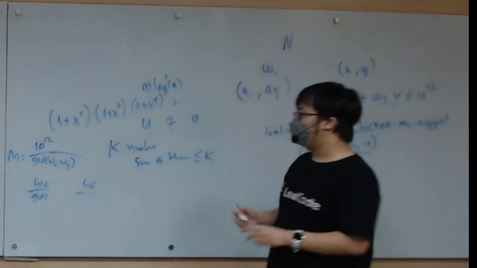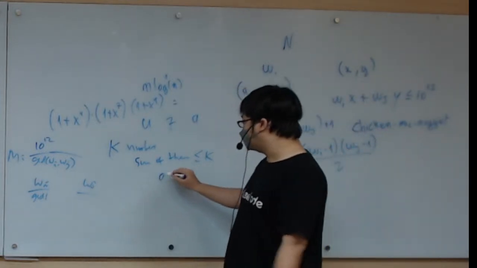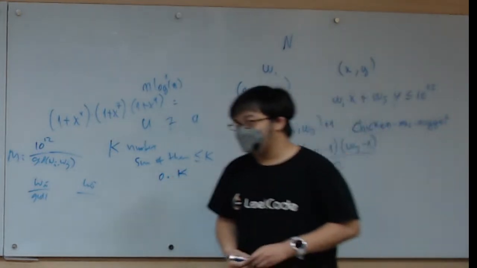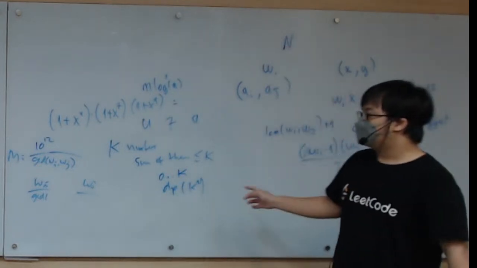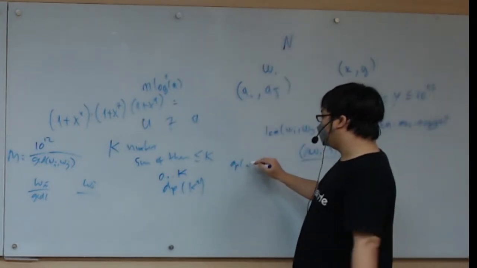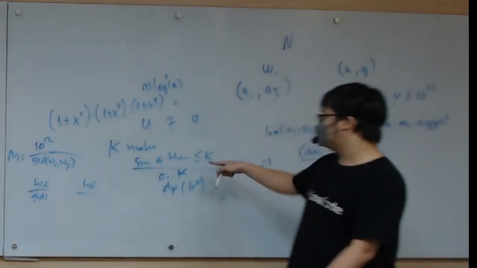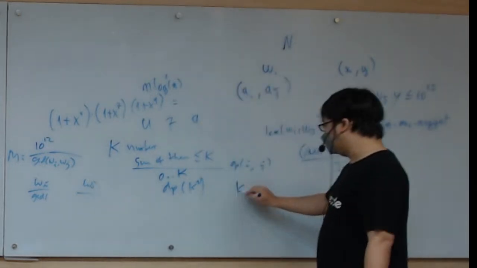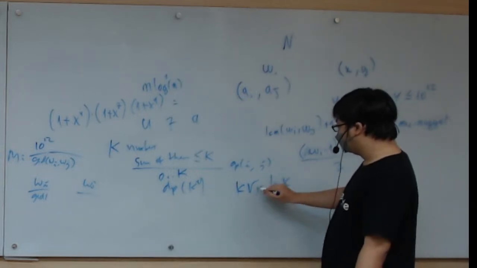We want to find, for each value from 0 to K, whether there is a subset of them that sums to it. Of course there's a DP in K squared, the standard DP of which number we are at and what the current sum is. But since the sum of them is at most K, we also have a K square root K log solution.